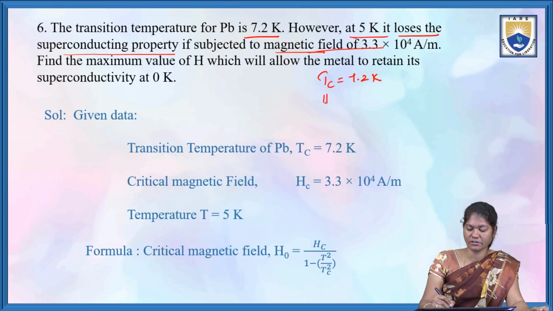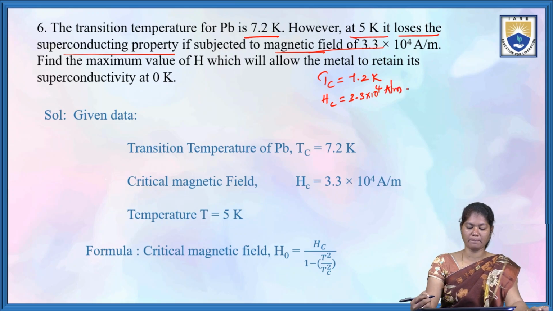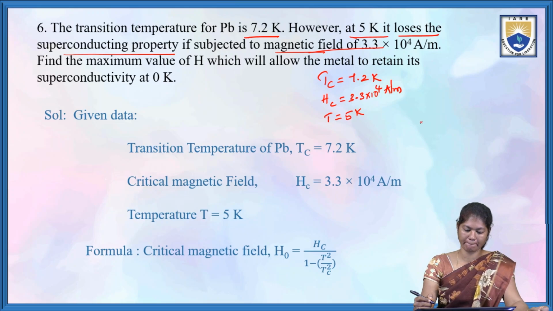So critical magnetic field Hc is equals to 3.3 into 10 power 4 ampere per meter, where the temperature T is equals to 5 degree Kelvin.